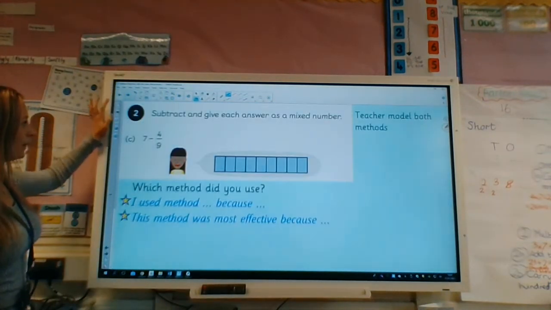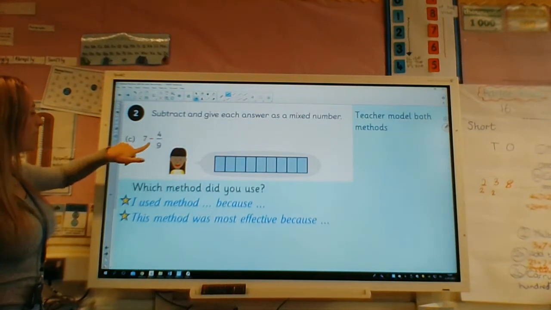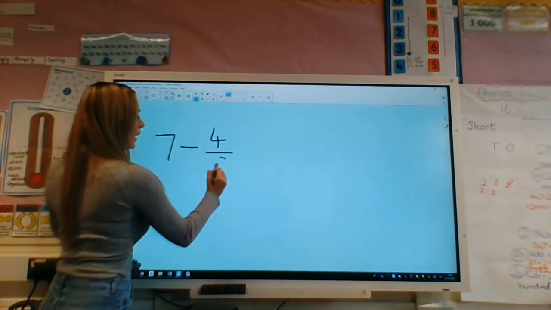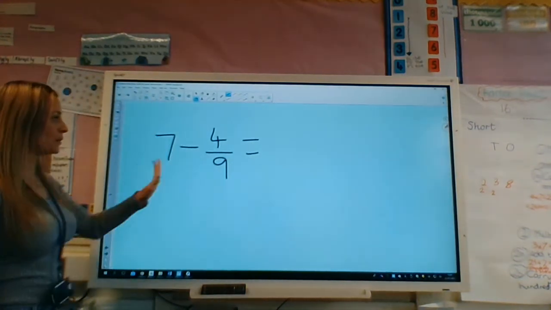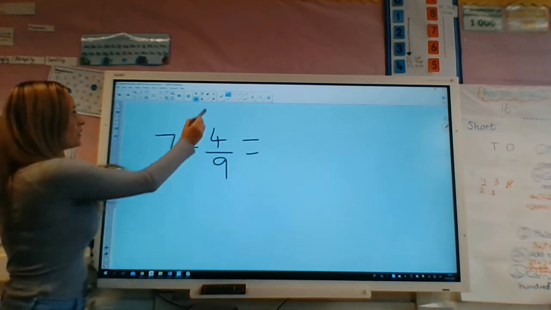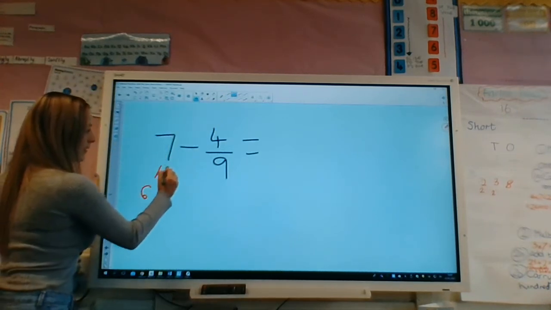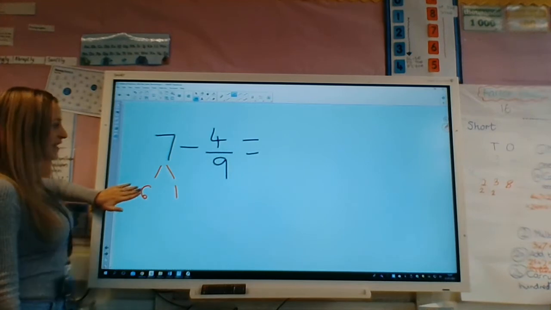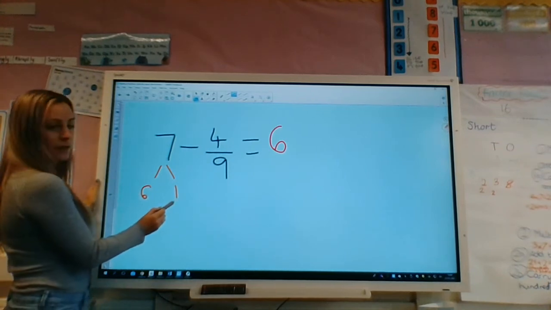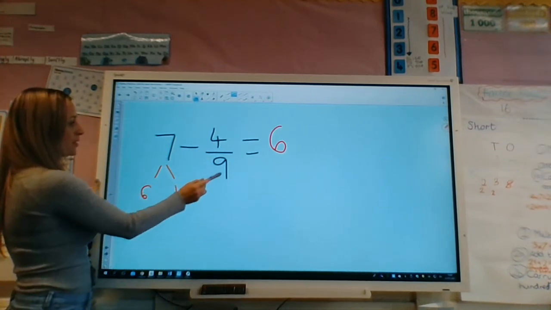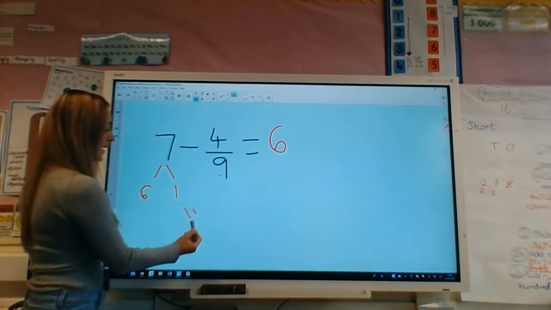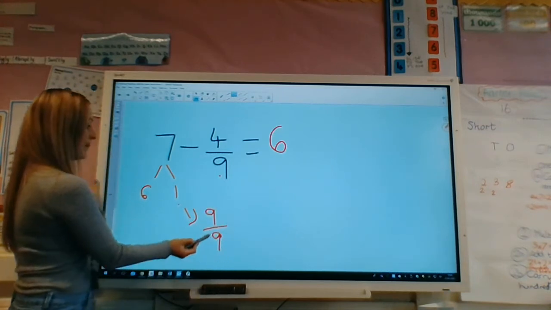I'll give you another example. So we've got 7 wholes, subtract 4 ninths. Now again, we cannot subtract a fraction from a whole number, so we need to convert the whole number into a fraction. So 7 is made up of 6 and 1, okay? Now we're going to leave the 6, so we'll keep the 6 there as part of the answer. We need to convert this whole number into a fraction. Now because the denominator is 9, 9 ninths would make 1 whole.